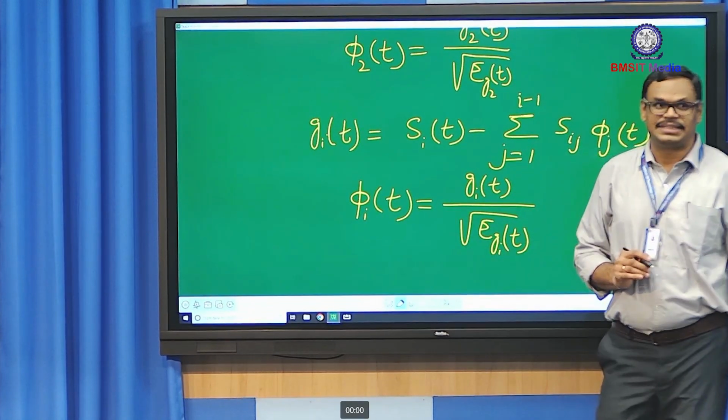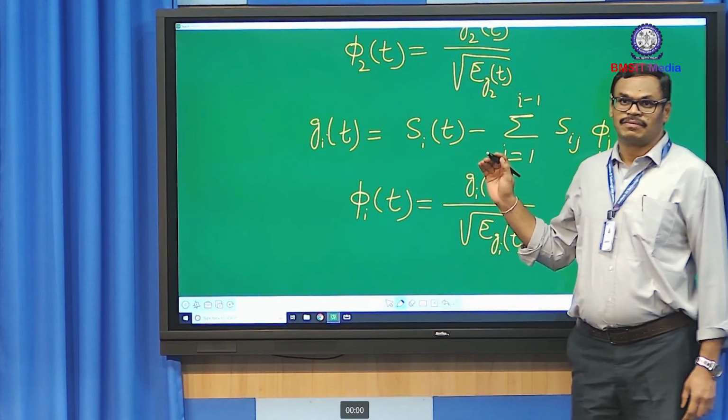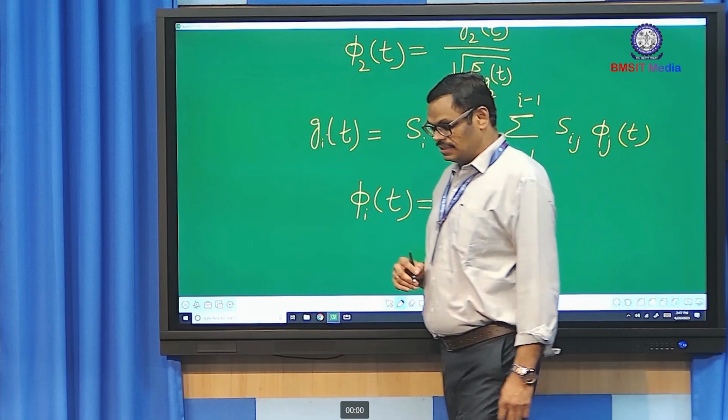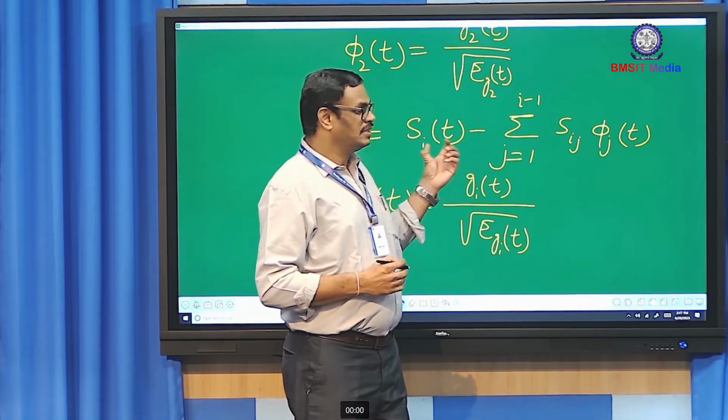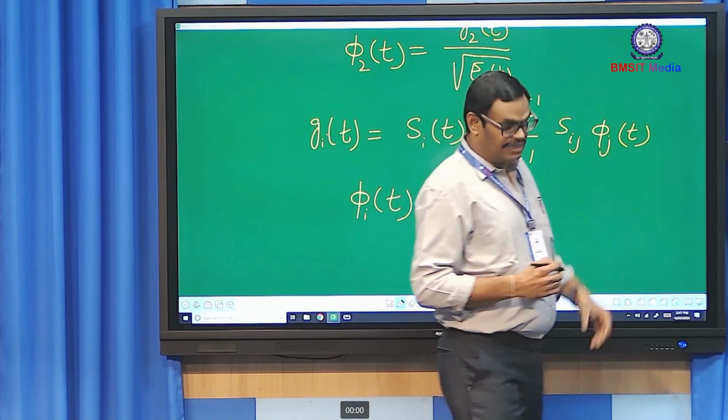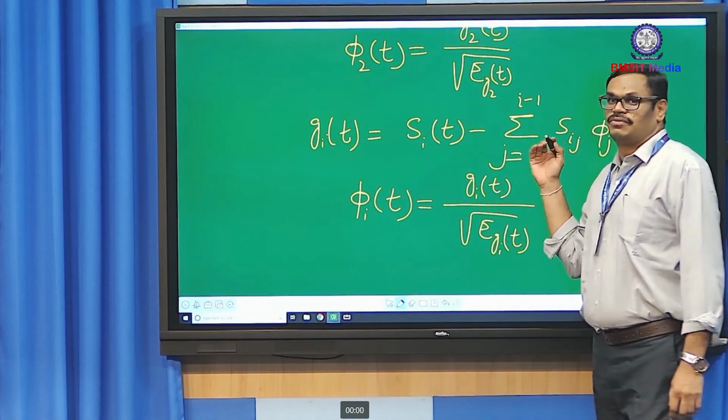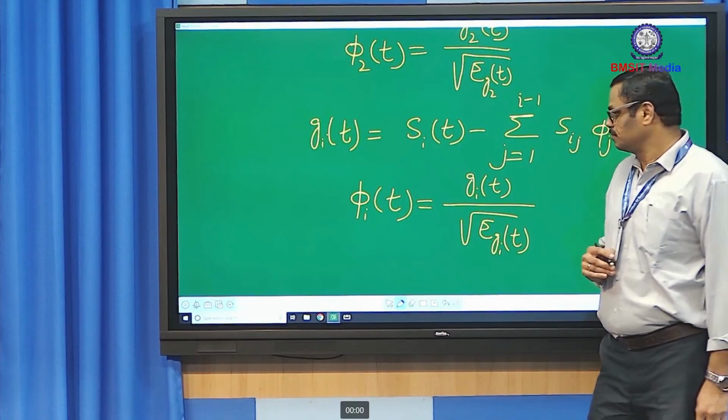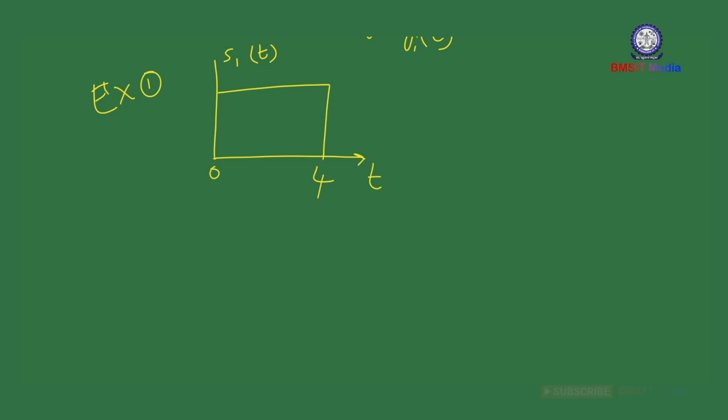Now let us take one example and try to express the given signals as a linear combination of orthonormal basis functions. Three signals are there. The first one is S1 of t, which exists over the interval 0 to 4 with a magnitude of 3.